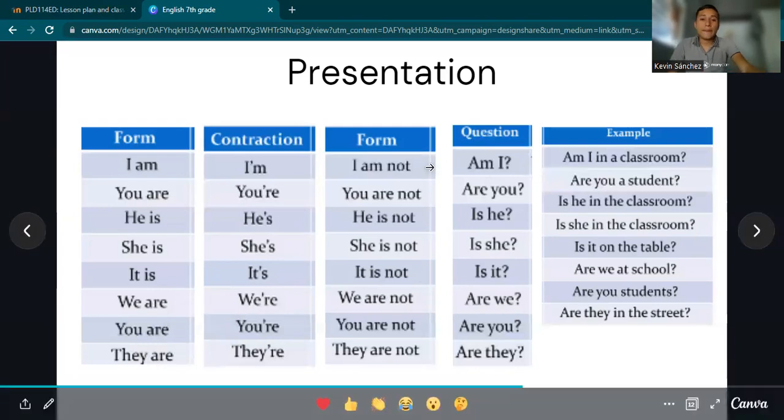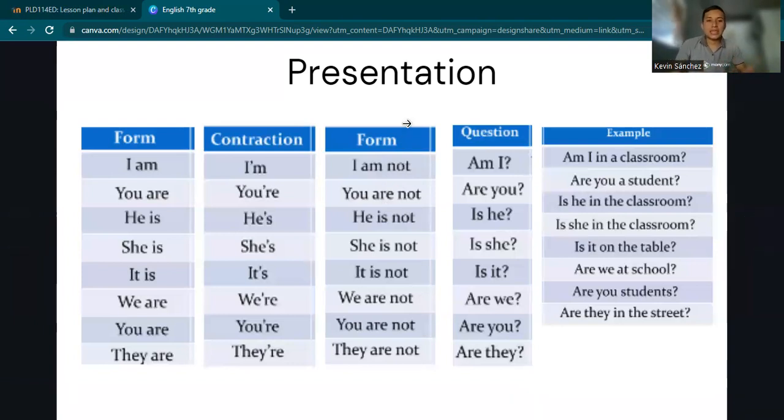For example, we have the subject, then we have the auxiliary verb, and then we have not. The auxiliary verb is am, are, and is, and not is the negative. Okay, I am not, you are not, he is not, she is not, it is not, we are not, you are not, they are not.